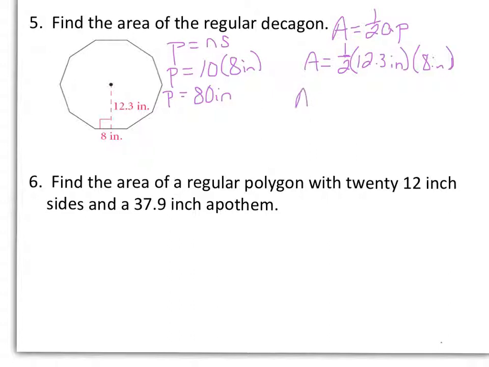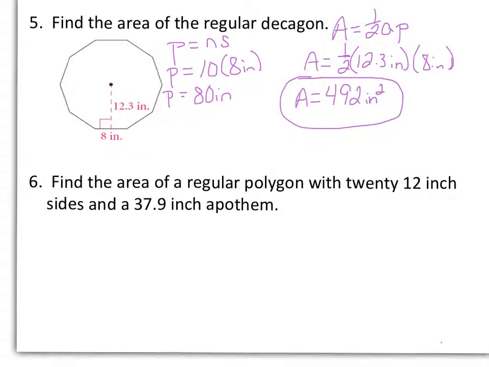Okay, and then just multiply straight across, we get that our area is 492 inches squared.